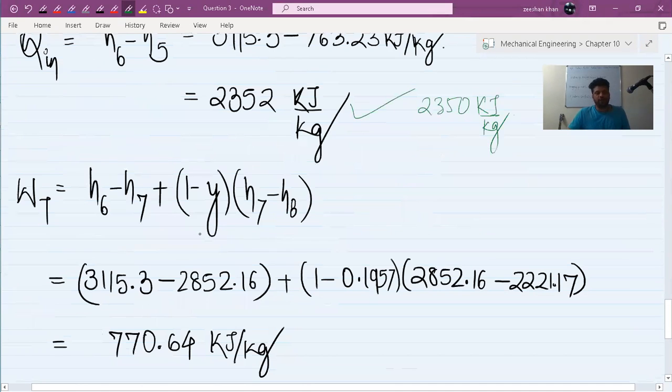And the amount of work by the turbine is going to be h6 minus h7, and then 1 minus y into h7 minus h8, only because some amount of steam was taken out. So there's only 1 minus y amount of steam in the system for the low pressure turbine.